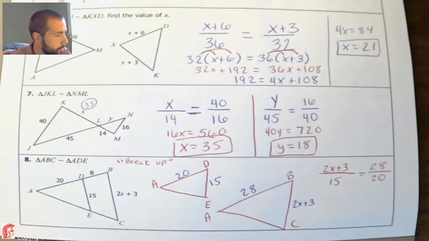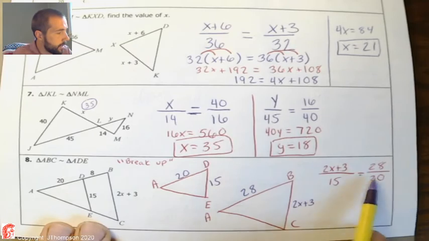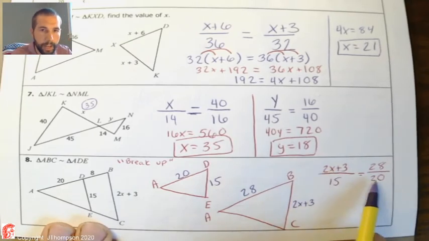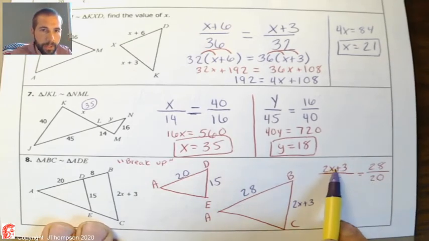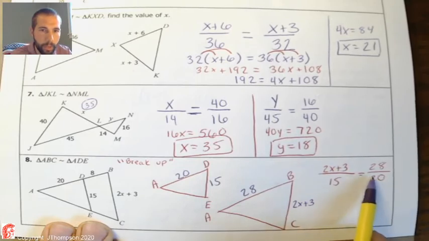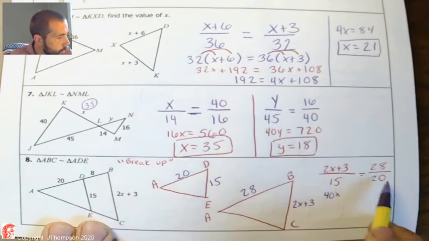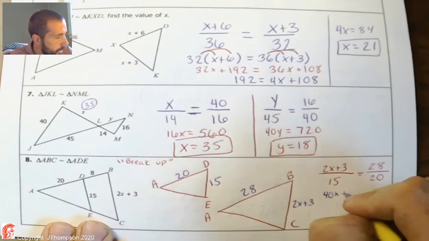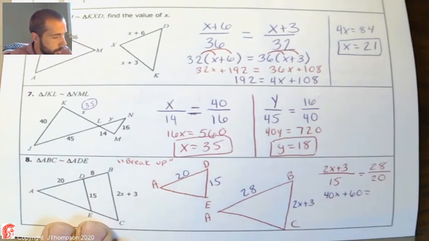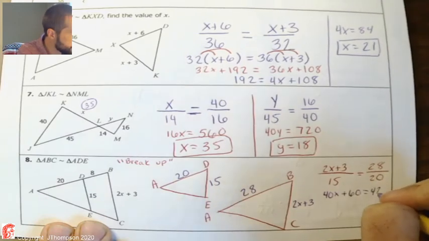All right, so to solve this proportion, cross multiply, 20 times 2x plus 3. I can write it out as 20 parentheses 2x plus 3. I'm just going to distribute right away. 20 multiplies with the 2x, and you get 40x. And then 20 also multiplies with the 3, and you get 60. And then we're going to do 28 times 15, and you get 420.